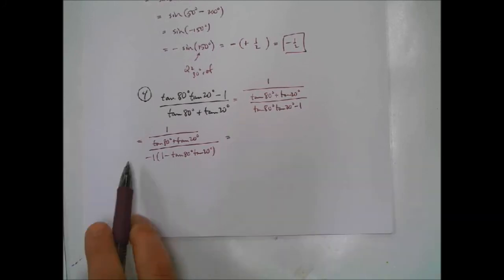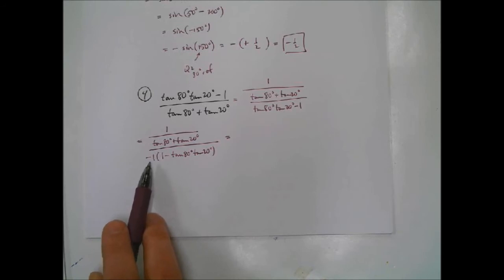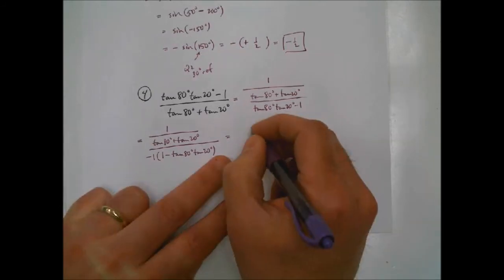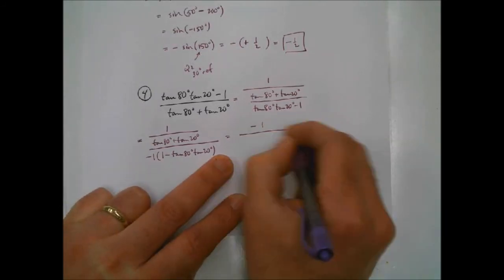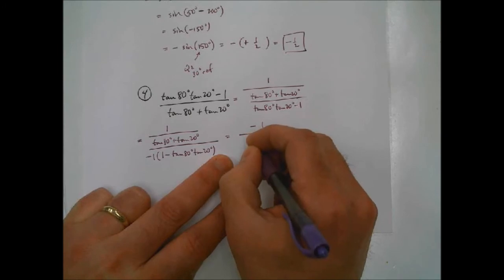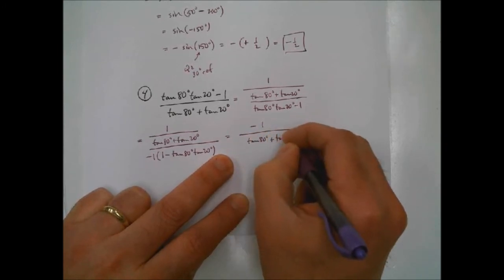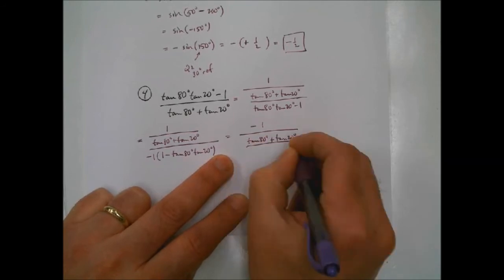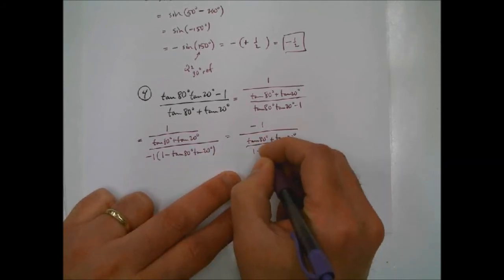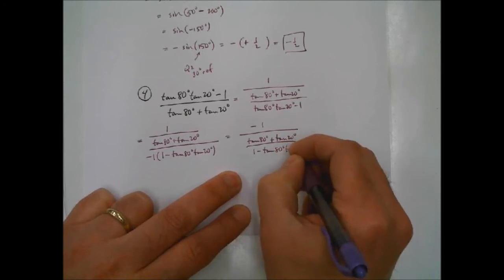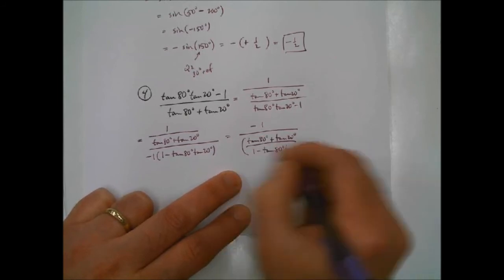Now, we've talked to you about the fact that we try not to leave negatives in the denominator, so this negative, we could take it all the way up to the numerator, and we've got negative 1 over tangent 80 degrees plus tangent 20 degrees over 1 minus tangent 80 degrees, tangent 20 degrees.